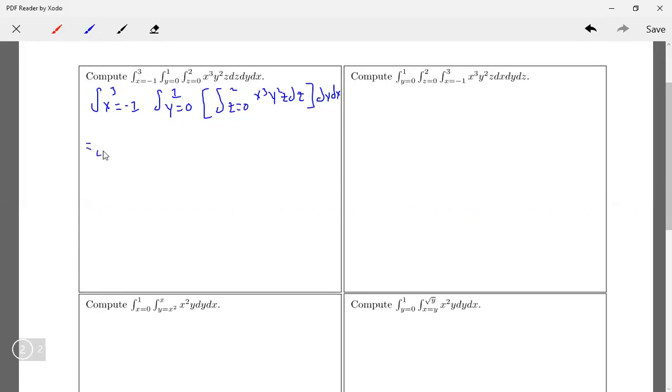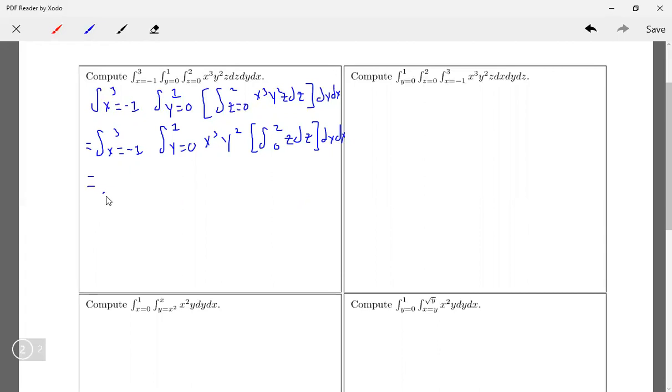So what is this? Well, again, as far as z is concerned, x and y are constants. So we can write this as the integral x equals -1 to 3, y equals 0 to 1, x cubed y squared times the integral z equals 0 to 2 of z dz dy dx.